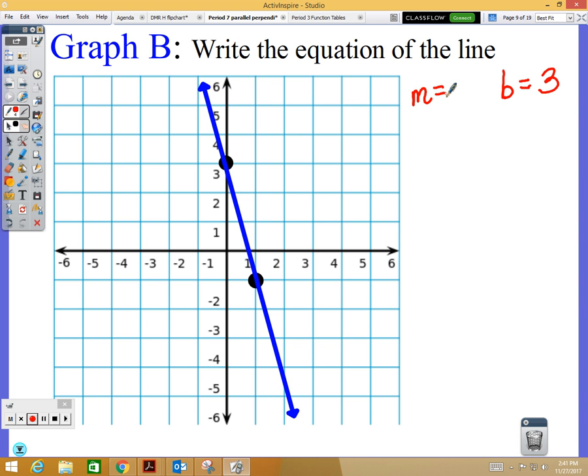Slope, we said it was negative, but it's going to be down 1, 2, 3, 4, and then right 1. So negative 4 over 1, but the best way to write that is just negative 4, remember? So y equals negative 4x plus 3. Remember, it's not wrong if it's negative 4 over 1, but negative 4 is really the proper way to write that.